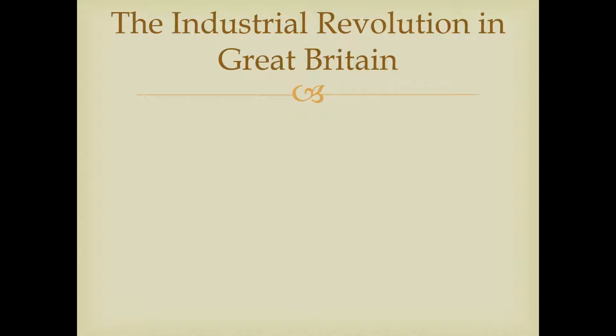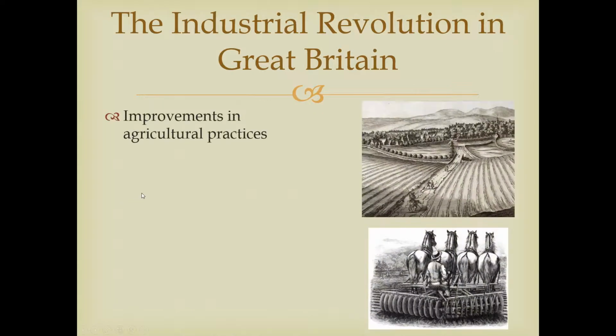But this first industrial revolution really is what kicks things into gear. And this first industrial revolution is an improvement in agricultural practices. It's an improvement in the way that people cultivate food, that people can grow food, and that people can store food. And so these agricultural practices basically start in England.